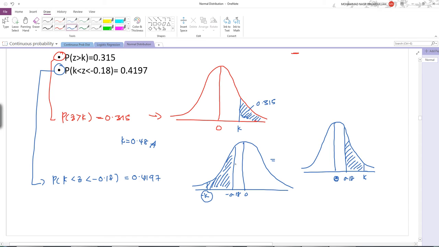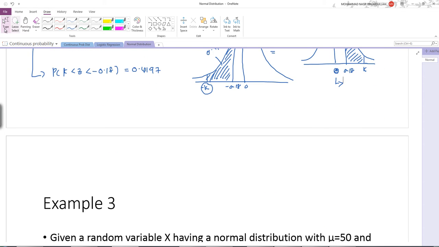This area covers 0.4197. This area also covers 0.4197. Okay. So how to do it? So to find this area, right? Let me show it a bit lower.